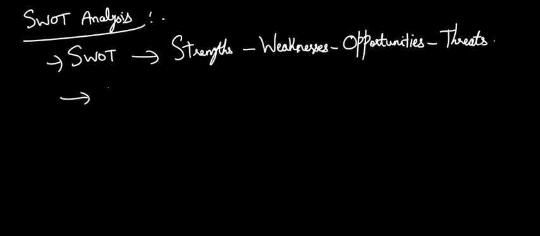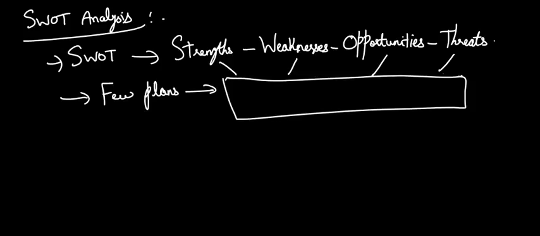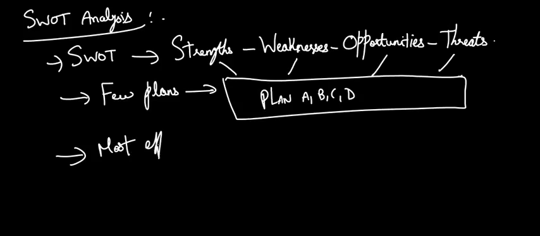The companies will have a few plans. These plans are put into analysis mode, and the strengths, weaknesses, opportunities, and threats of all the plans, plan A, B, C, D, all those plans are ascertained, and from that the most effective plan is selected.